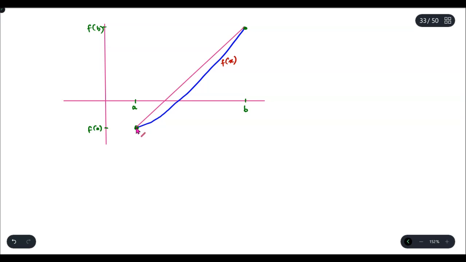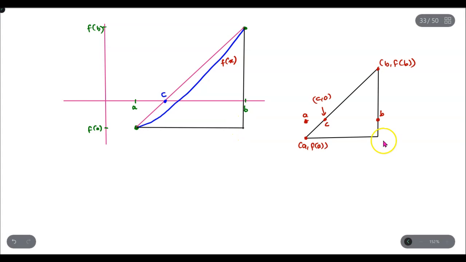We denote the intersection point here to be C. Now if we form a rectangle, then we can see the following. We have the points A, C, and B, and the point here is read as (a, f(a)), and this point here is (b, f(b)).